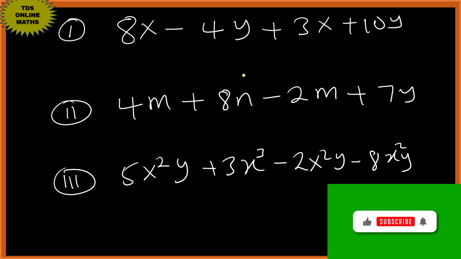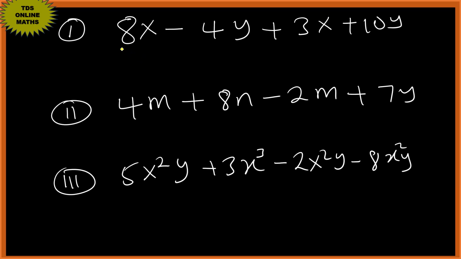What you have to do is to look for the common terms. If the terms are like, you can put them together. For instance, we have 8x here and 3x here, so they are like terms, therefore we can put them together. So 8x and 3x will give us 11x, so we have 8 plus 3, 11.